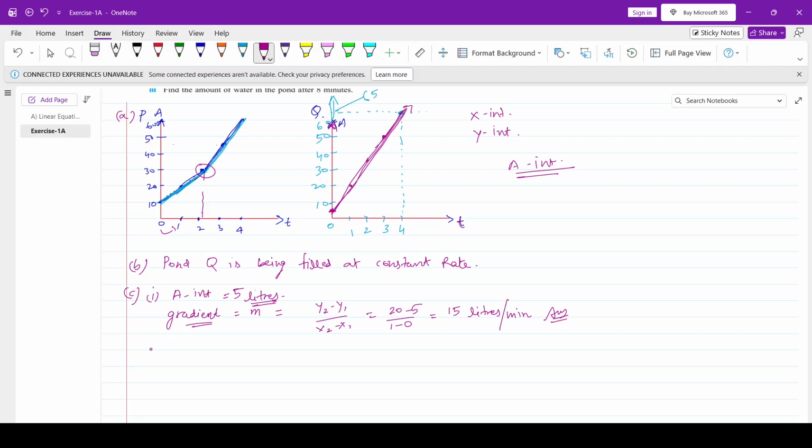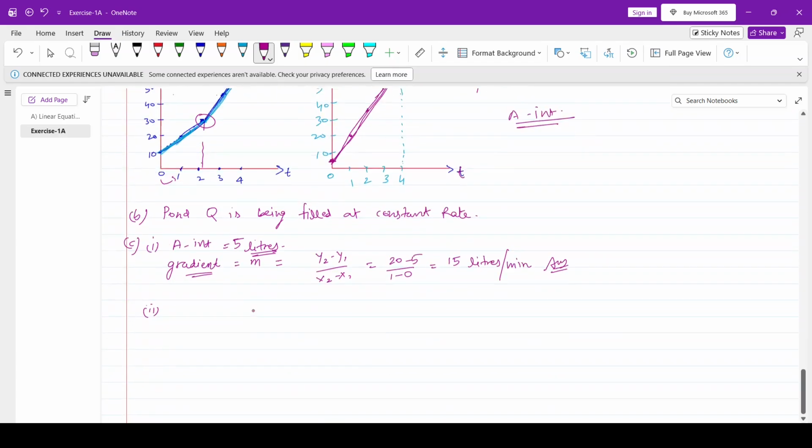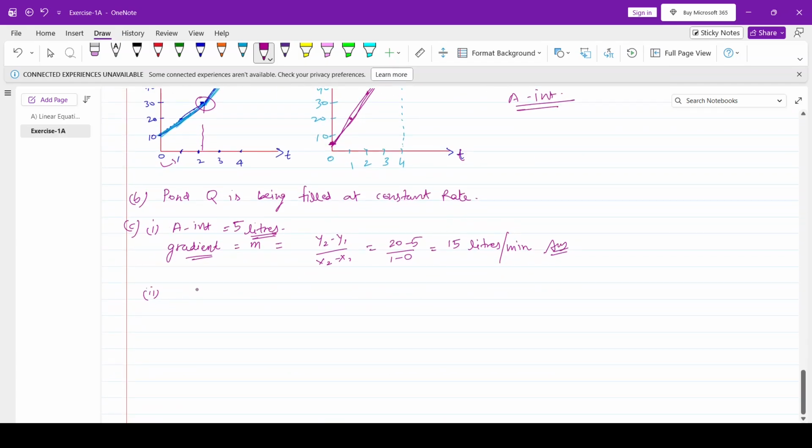So C subpart 1 is done, now C subpart 2: find the equation connecting A and T. So the equation connecting A and T will be... We just found out m is 15.